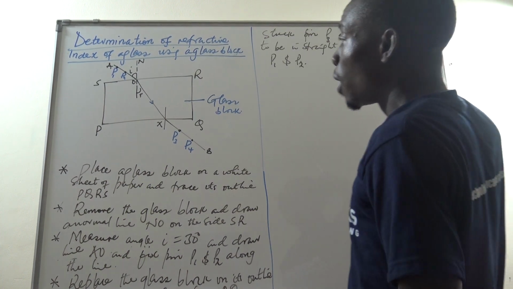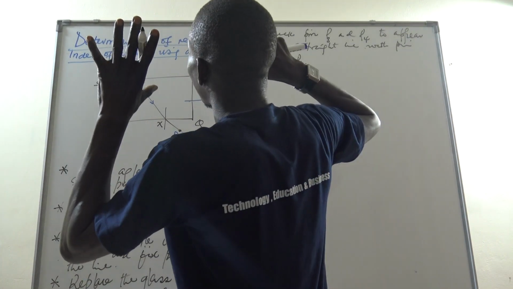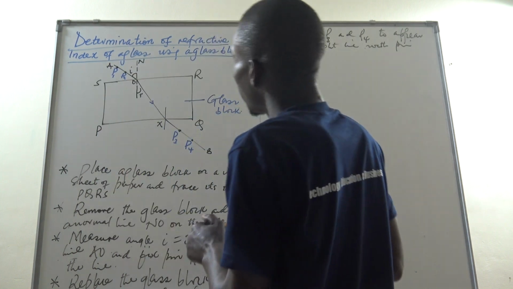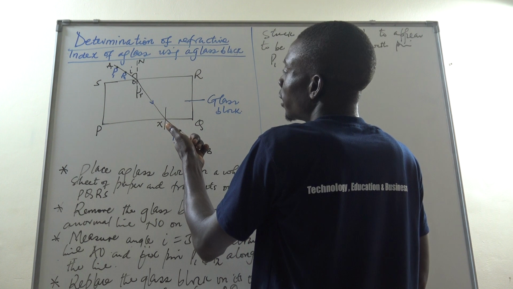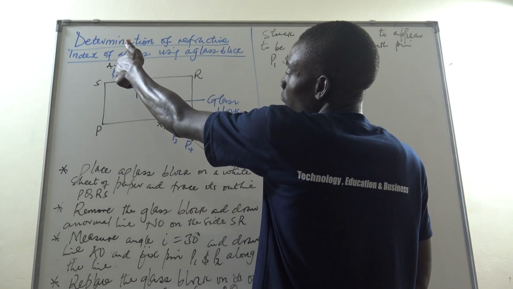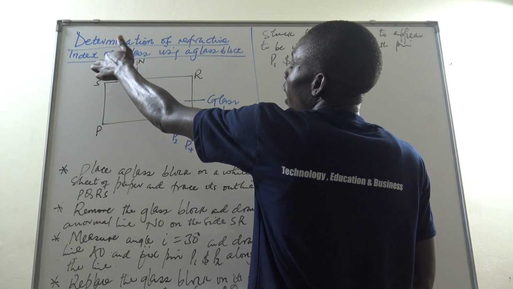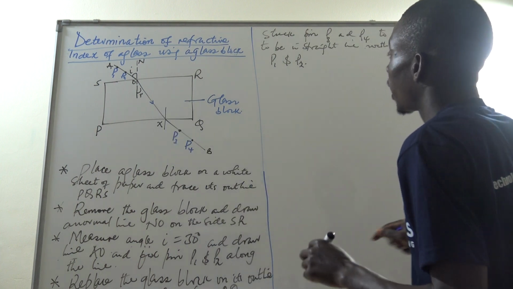Okay? So now, after drawing this, replace the glass block on its outline and then come from this other side. You put pins such that the pins appear to be in a straight line with 1 and 2. Put pin P4 and P3.